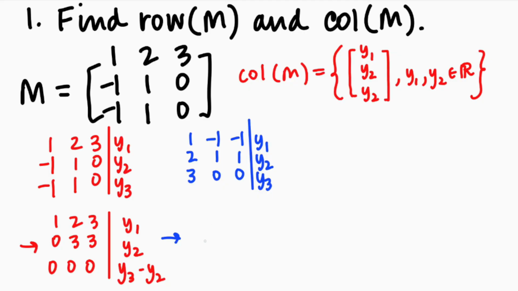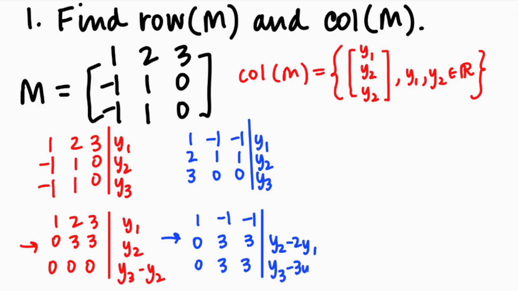So let's subtract 2 of row 1. Okay, so y2 minus 2y1. And then I'm going to subtract 3 of row 1 from row 3, so I get 0, 3, and 3. Okay, so y3 minus 3 of y1.